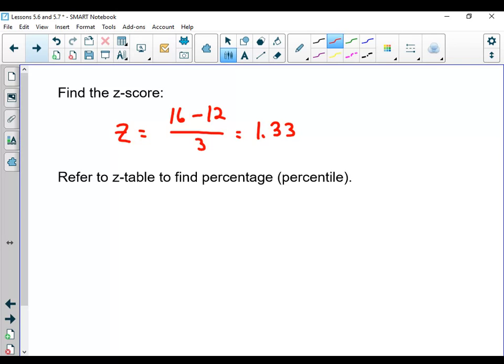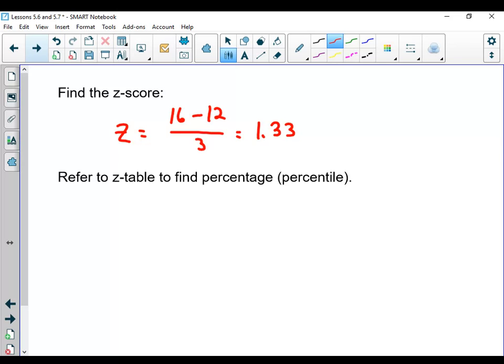When you first look at the z-table, it looks a little bit confusing. But here's how the z-table works.